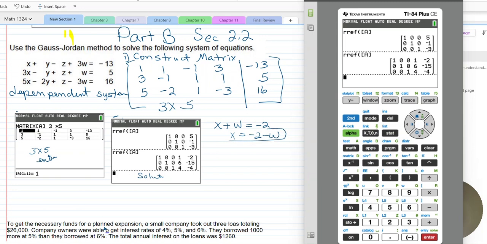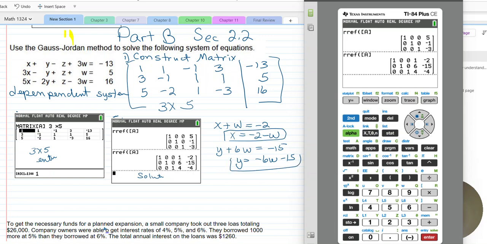So this is one of my solutions. The other one is y plus 6w equals negative 15. Therefore, y equals negative 6w minus 15. I went ahead and put the w in front, it doesn't matter how you write it. The sign goes with the number, so it's going to be correct.